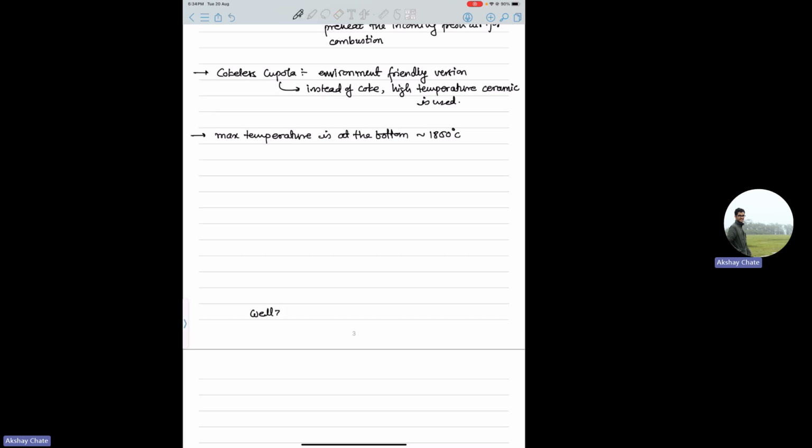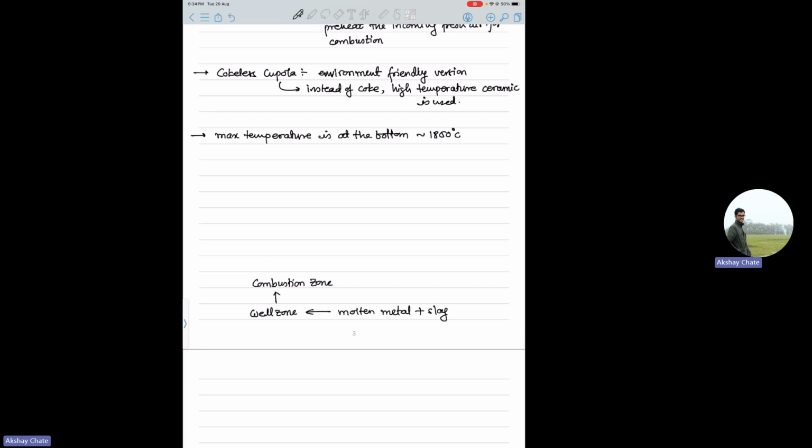This is where you collect molten metal plus slag. Because of gravity, it settles down and you collect it from there. Then on top of the well zone, you have the combustion zone, where your combustion actually starts, and that is where you have around 800 or 850 degree temperatures.